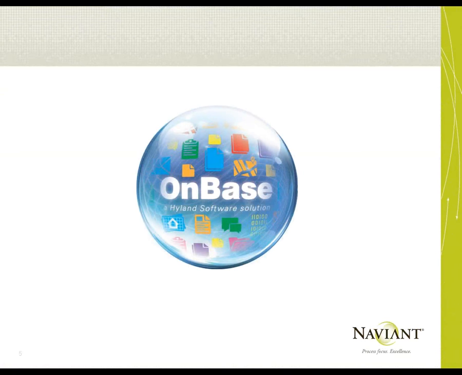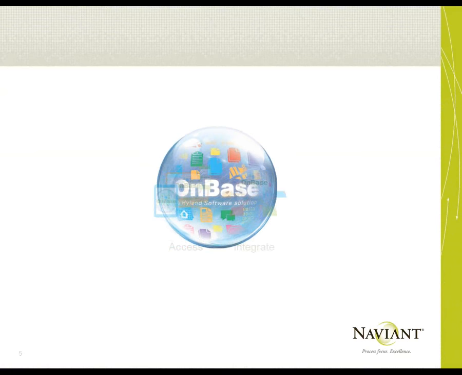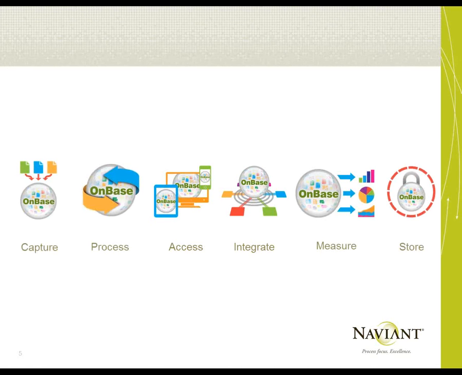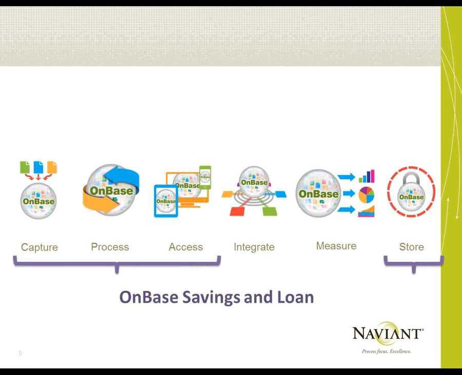When Hyland talks about OnBase, they've divided it up into six distinct areas: capture, process, access, integrate, measure, and store. That's how OnBase relates to your documents and your business, and these do have some bearing on our webinar today.